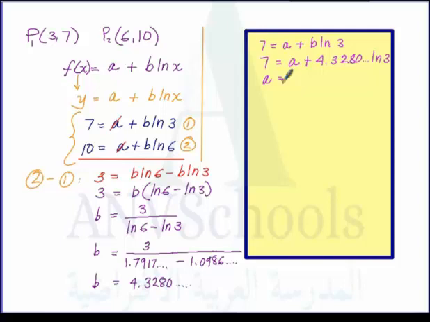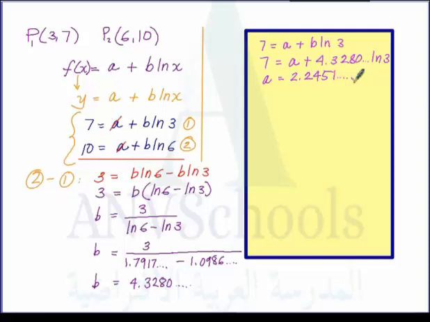We multiply this value by ln of 3, and subtract this value from 7, which will give me 2.2451. That's the value of my a.